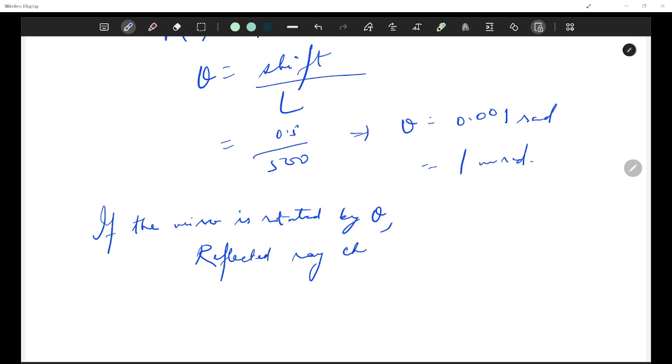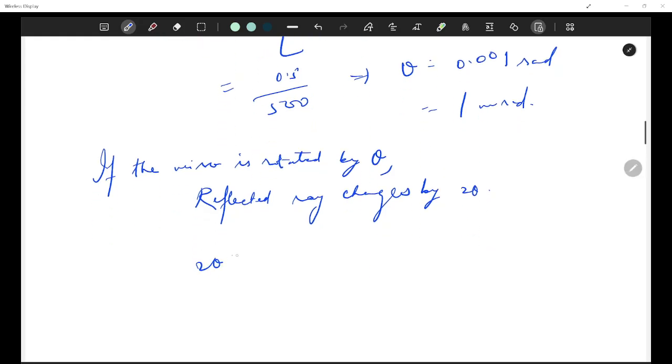This is simple geometry. If you rotate the mirror by theta, the reflected ray would shift by 2 theta, not just by theta. So your 2 theta is equal to 0.5 upon 500. From here you get theta to be equal to 0.0005 radian.